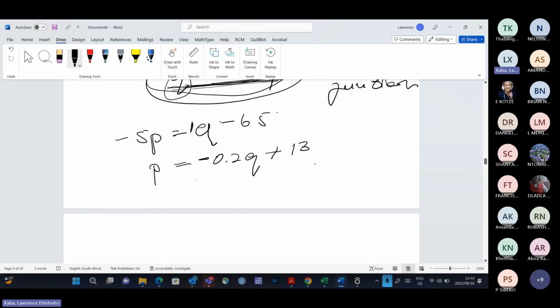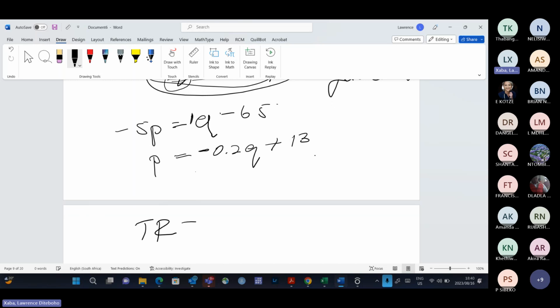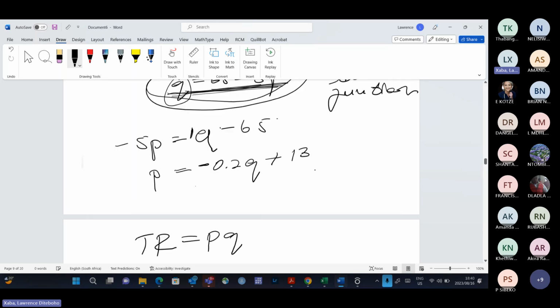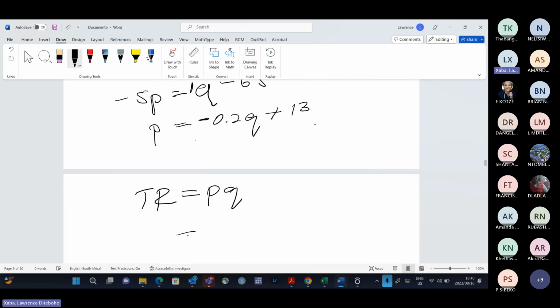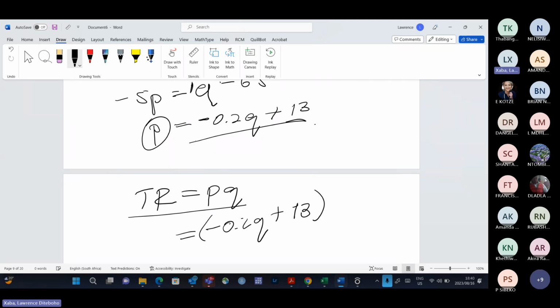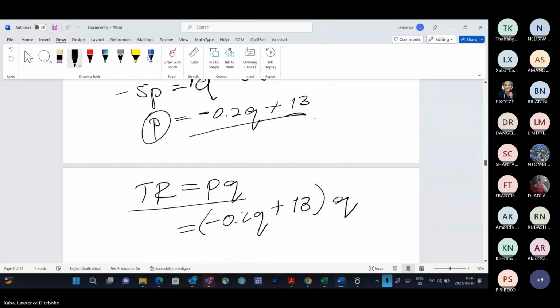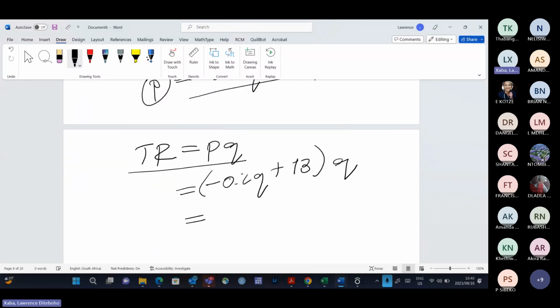Okay, so now we can go back to our total revenue, which is equal to P times Q. Where we see P in this equation, we put what we have on the right-hand side: (negative 0.2Q plus 13) times Q. Then we end up with negative 0.2Q squared plus 13Q.